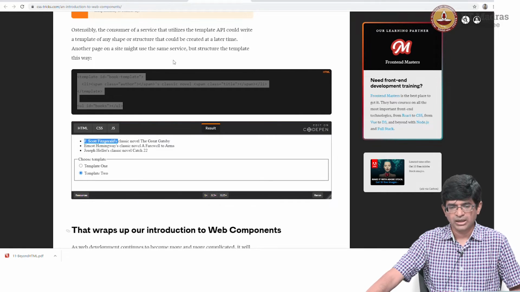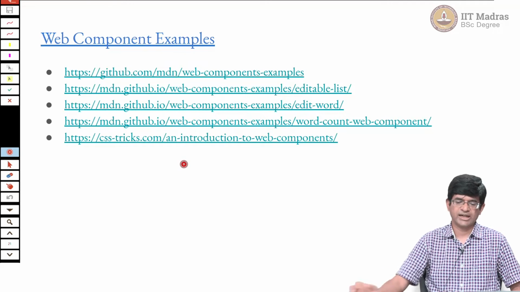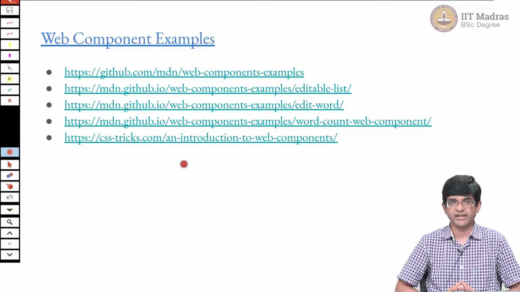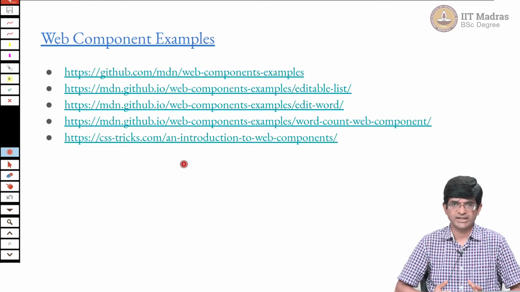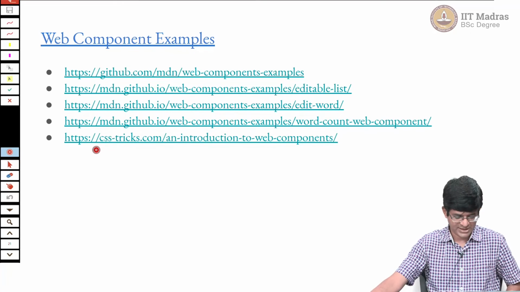Ultimately, what happens as a result is that you can have more and more complicated such web components that are built up, and start composing an entire web page out of such components. So once again, the Mozilla Developer Network, they have this GitHub page that contains a number of different examples.